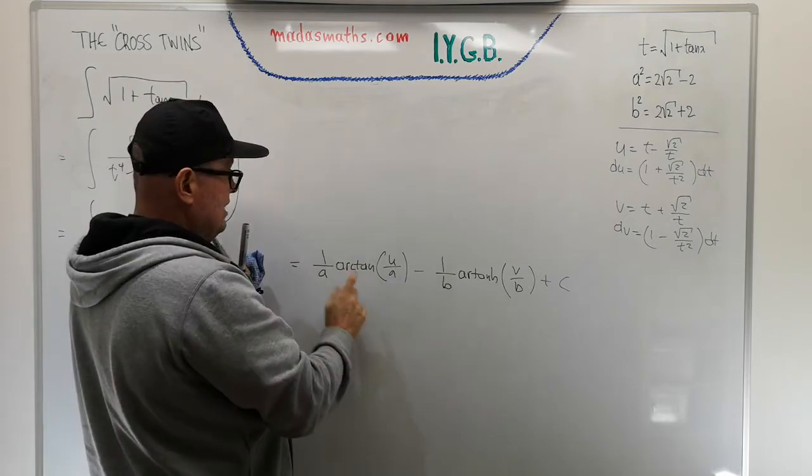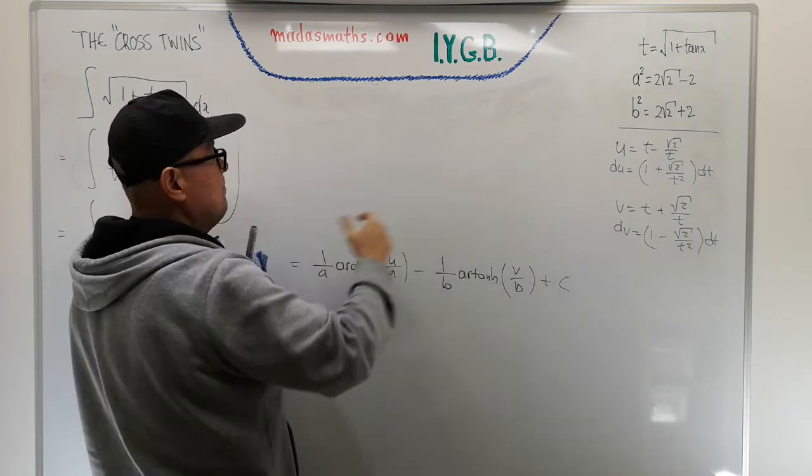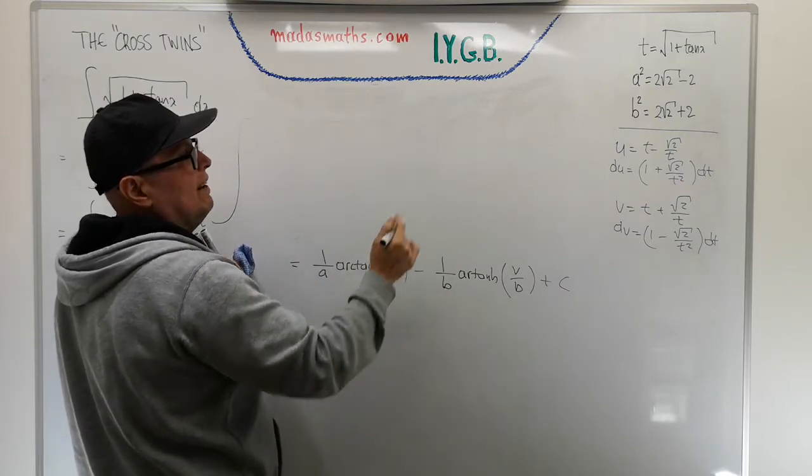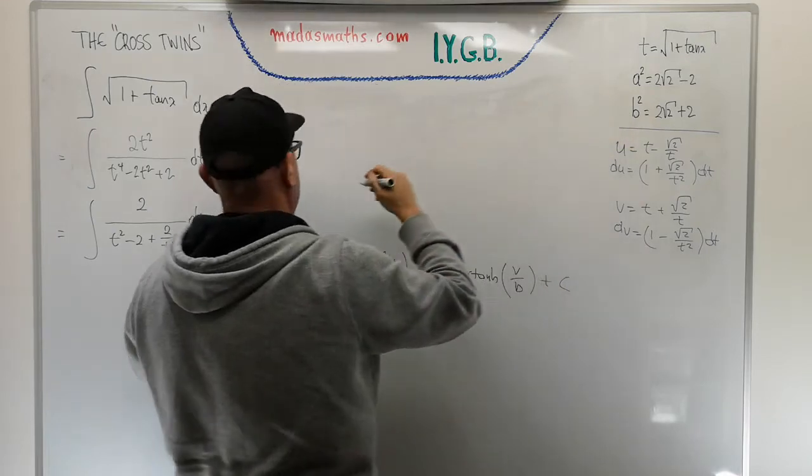Okay, so let's trace our substitutions. First of all, the u's and v's are up there. So I'm not going to put the a's and the b's just yet. I'm going to do it on the next line. The a's and b's are constants, of course, so I'm going to do that at the end.